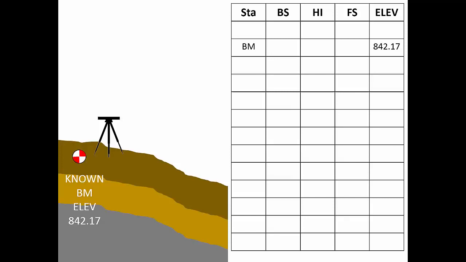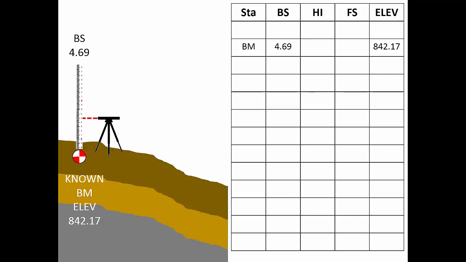Our first rod reading is 4.69 feet. Since this reading is taken on a point of known elevation, we call it a backsight. Since the backsight reading was taken with a rod atop the benchmark, we'll record 4.69 feet in the backsight column on the benchmark row. Armed with this information, we now have sufficient data to compute the height of instrument.